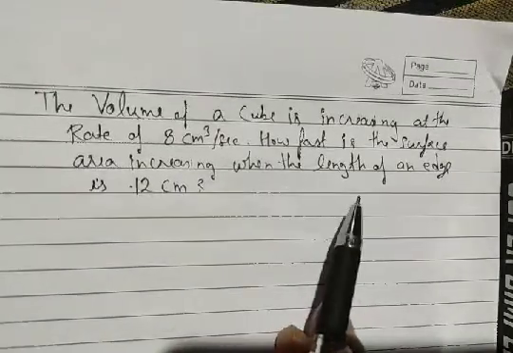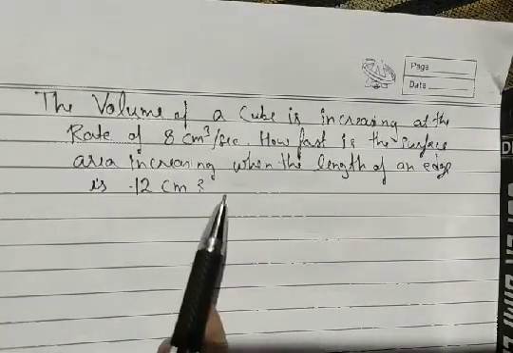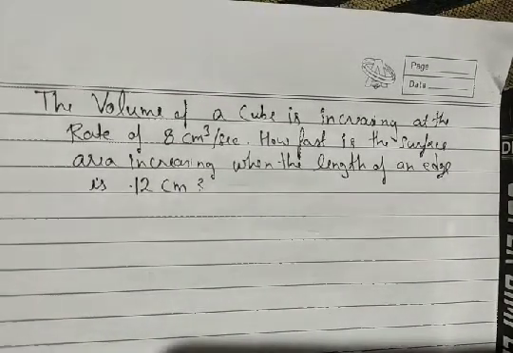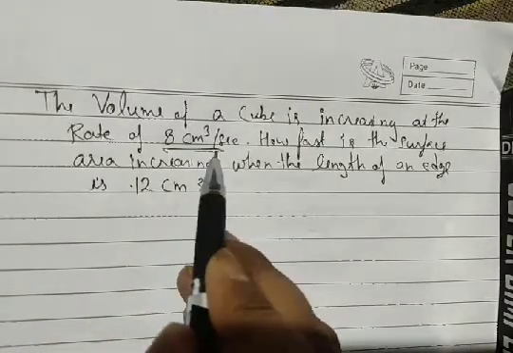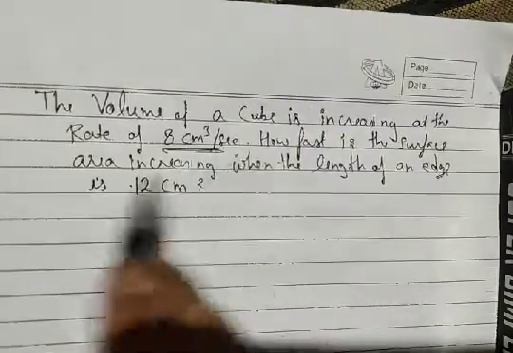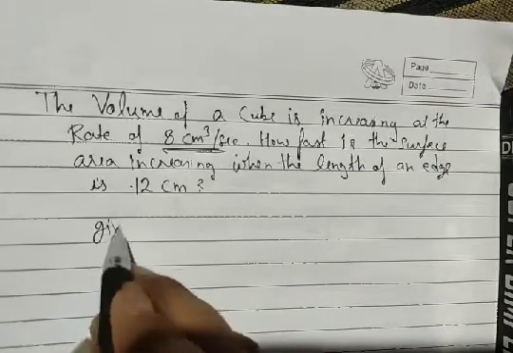How fast is the surface area increasing when the length of an edge is 12 cm? This problem belongs to NCERT and is based on rate of change. The volume of our cube is increasing at the rate of 8 cm cubed per second.